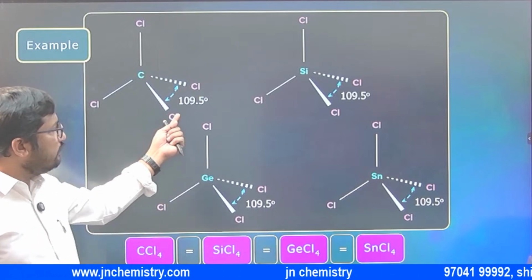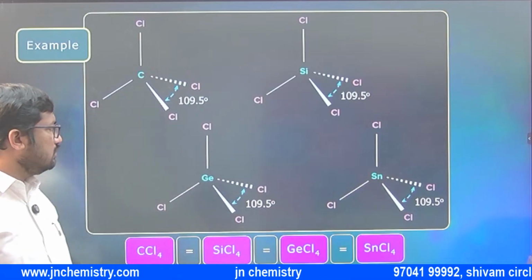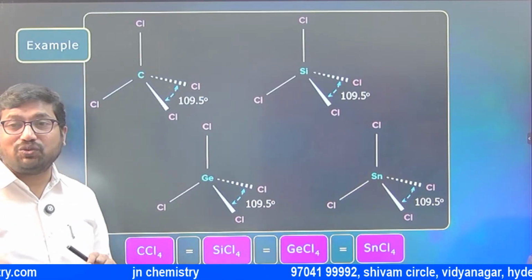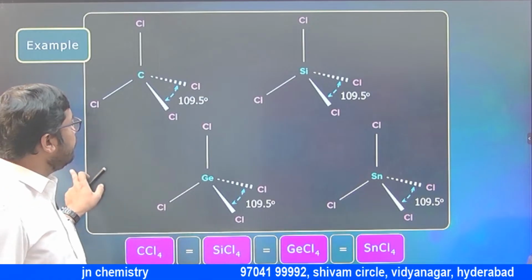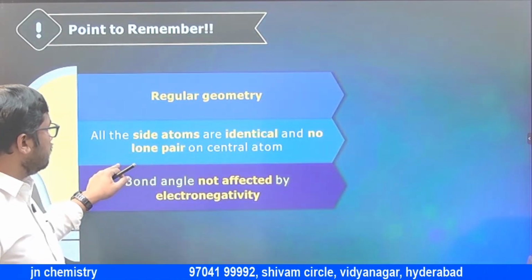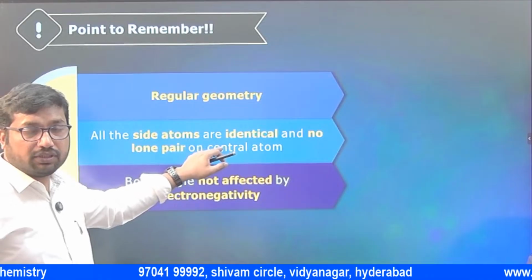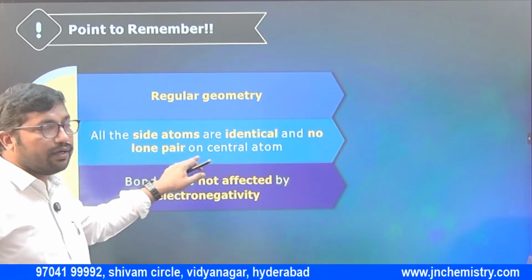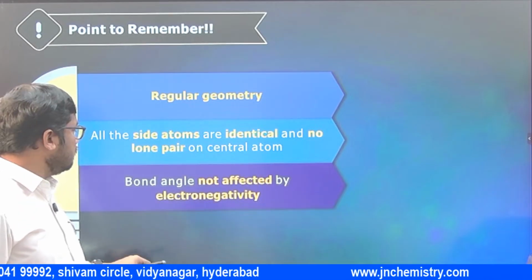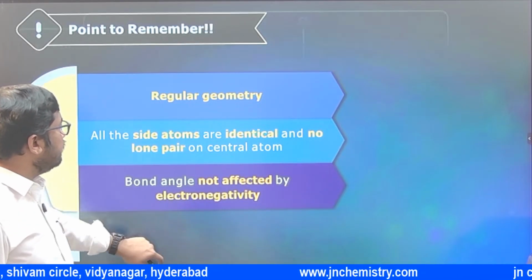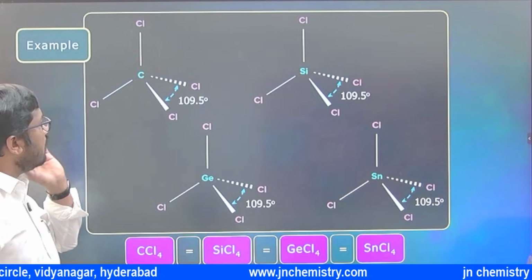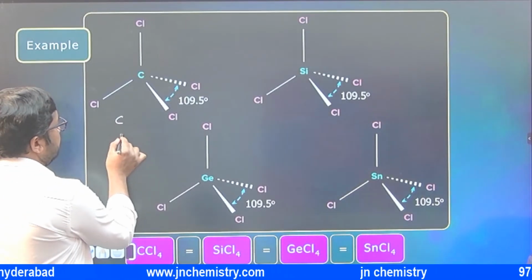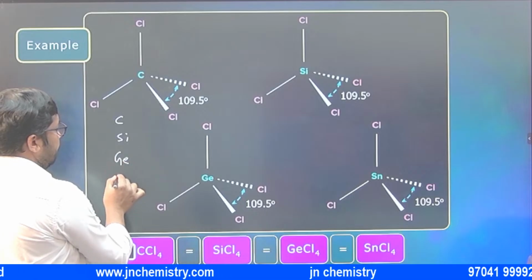That's right, 109, 109, 109, and there are no lone pairs. So this point we need to understand: all side atoms are identical, and no lone pair on the central atom, so the bond angle is not affected by the electronegativity. These all belong to the same group: carbon, silicon, germanium, tin, lead.